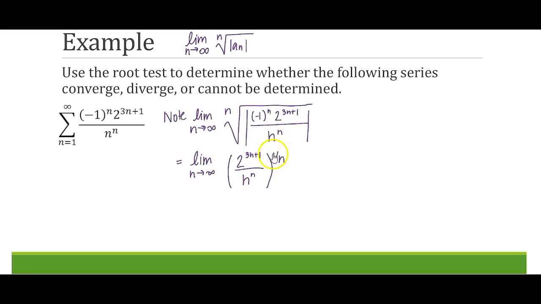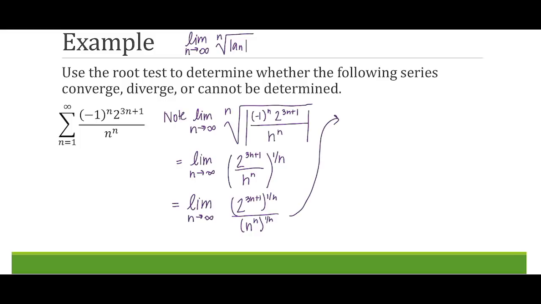And now I can apply the exponent to the numerator and the denominator. So I can think about this as the limit as n approaches infinity of 2 to the 3n plus 1, to the 1 over n, and then the denominator is n to the n, to the 1 over n.